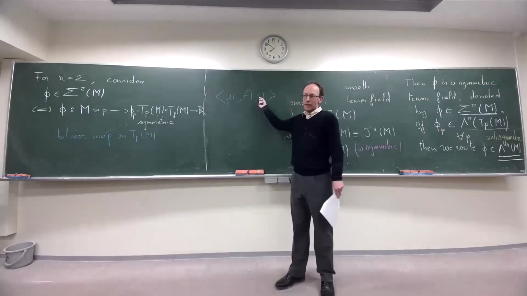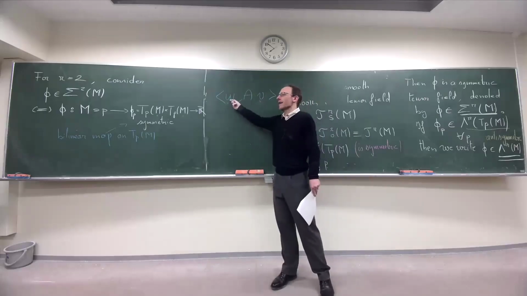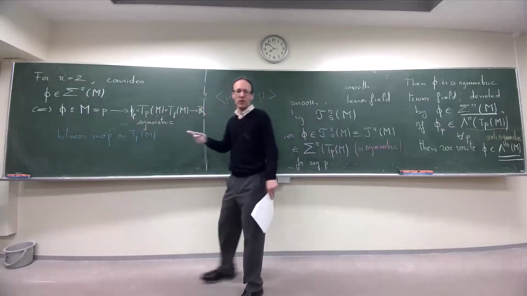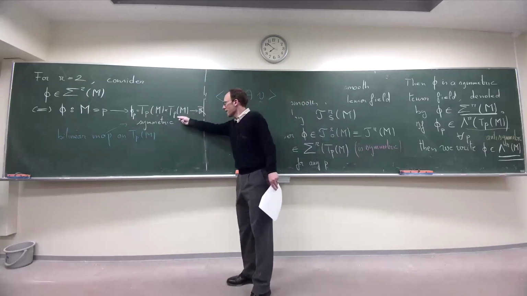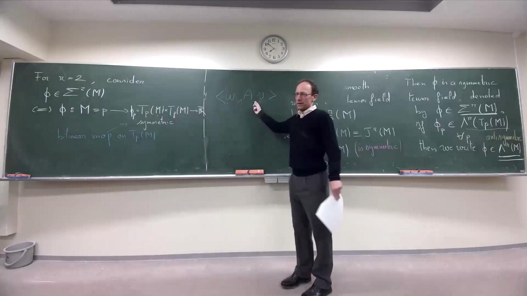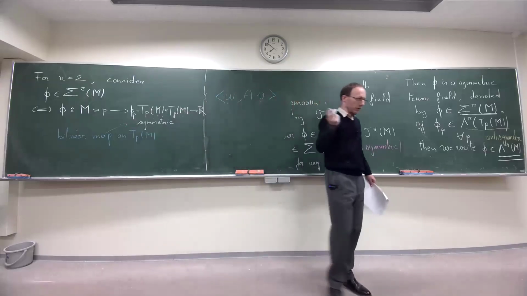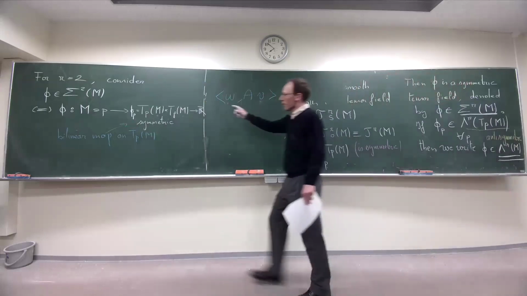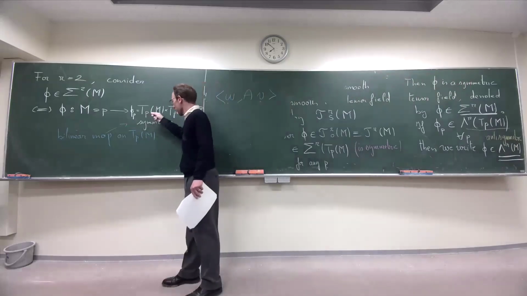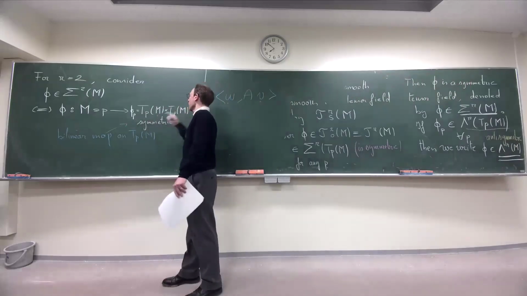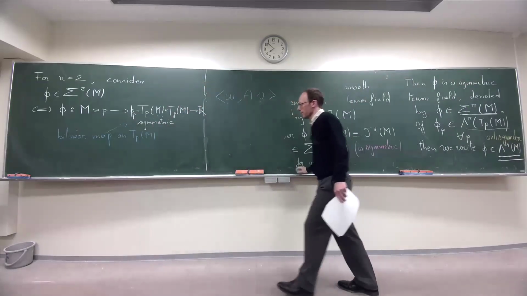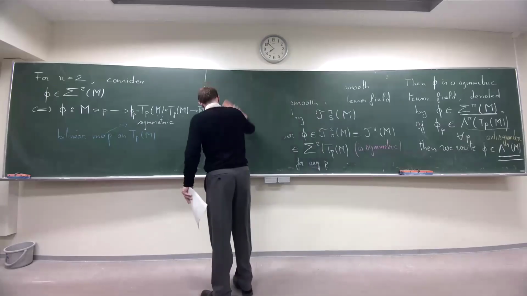It's linear in this argument, it's linear in this argument. So an element like this, and this is what physicists do, they just identify this with a matrix. In fact, all elements of maps from TpM times TpM to R can be written like this, but I don't want to write it for now.